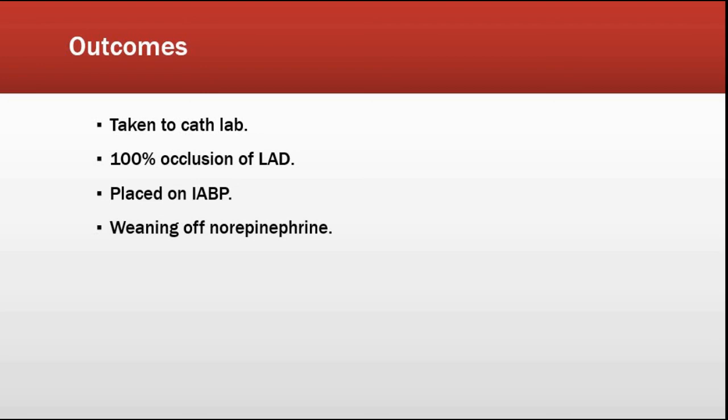And the weaning off norepinephrine, again, is another indicator of cardiogenic shock, or the fact that the heart just doesn't have the cardiac output to support everything, and so they need to leave a pressor in there in order to keep the blood pressure up for a while. But they are weaning him, so he's moving in the right direction.